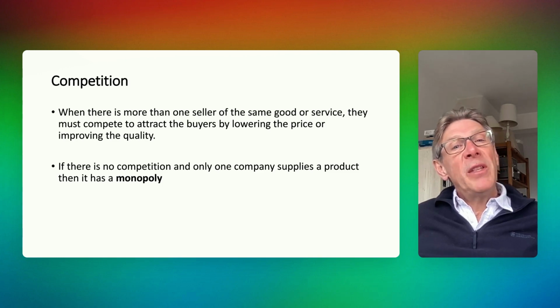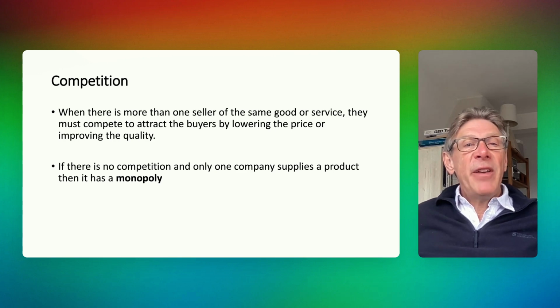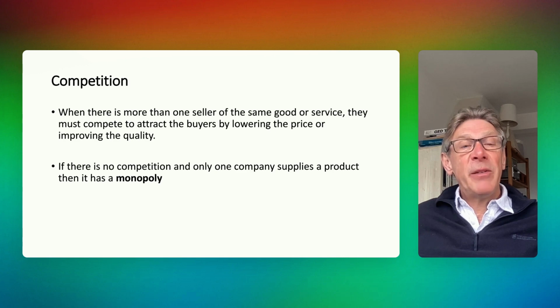The seller will be doing the same thing to you. And quite often you get to a kind of balance where both sellers are selling something at very similar prices and very similar quality.